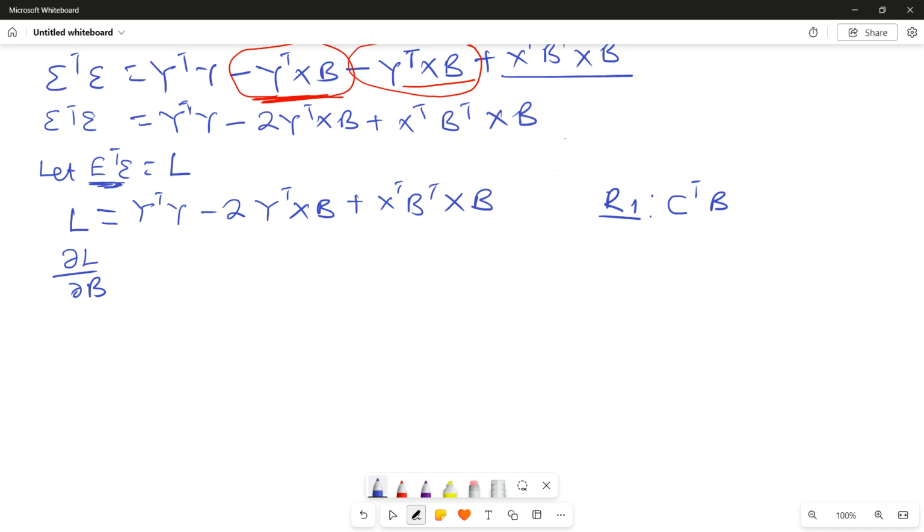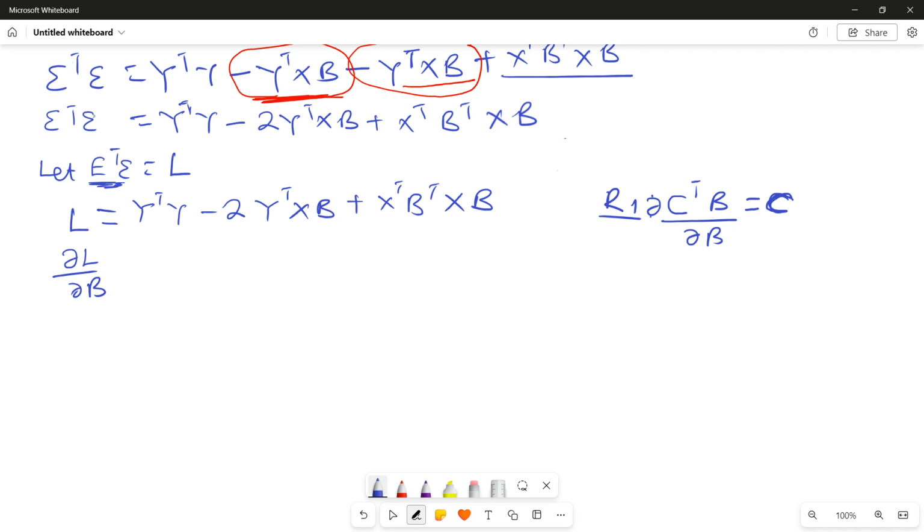So C transpose B, and what we want is to get a partial with respect to B. It's more like we are differentiating C transpose B with respect to B. The answer is just C.